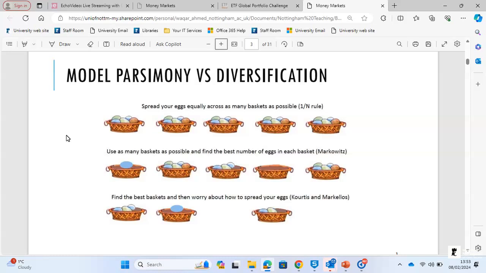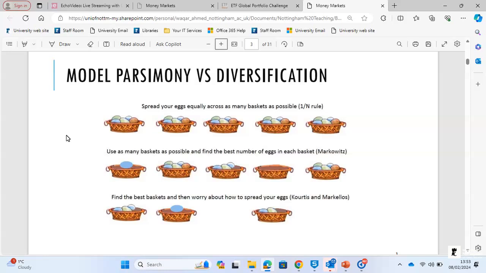But it is quite possible that some baskets might be stronger than others. The risk that a particular basket might break would depend upon the strength of the basket. So the other approach is to use as many baskets as possible and find the best number of eggs in each basket. This was presented by Henry Markowitz.